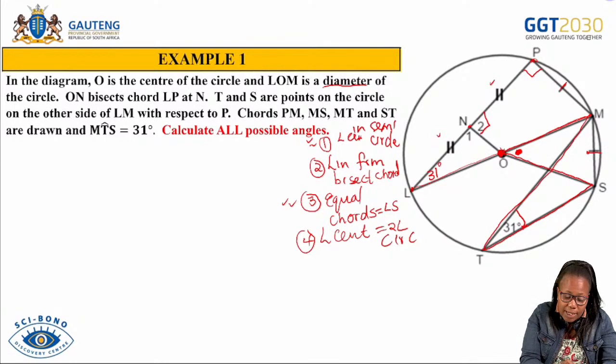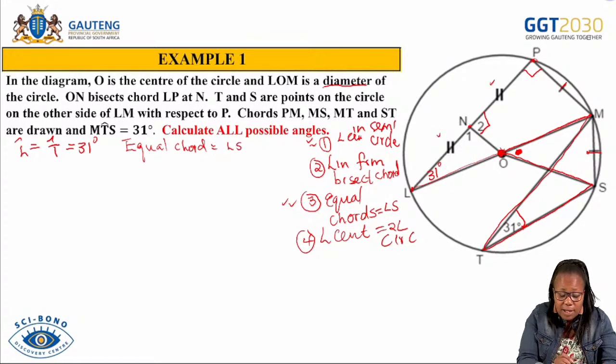Angle L will be equal to angle T. They are both equal to 31 degrees. The reason being equal chords, equal angles. After calculating, you put the answer on the diagram as I've already done there.